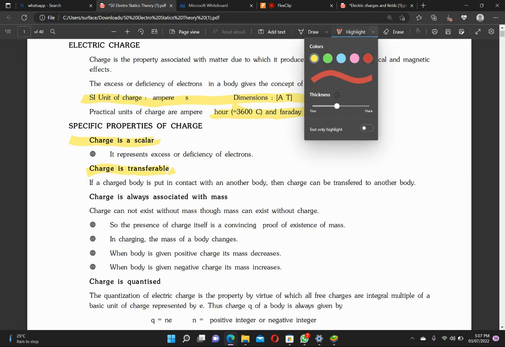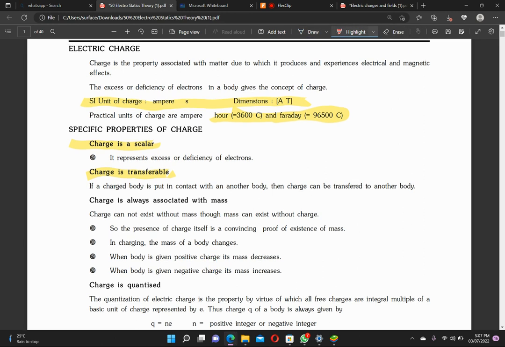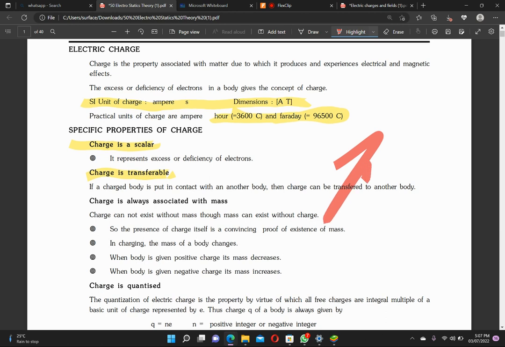And then when a body is given positive charge, mass decreases. Why is it not working? Okay, so positive charge. One second, it's not working. Maybe this will only work. Yeah, it's working. The highlighter is not working, I don't know why. Not a problem, leave it. I cannot focus on this song.